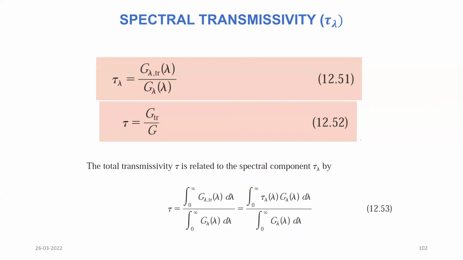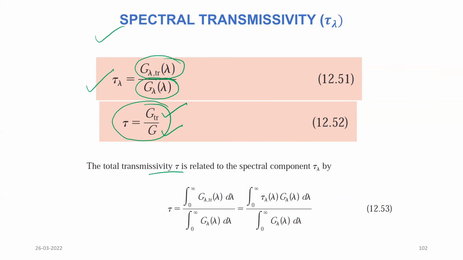Now we talk about the spectral transmissivity. Spectral transmissivity is given by G lambda transmitted divided by G lambda, which is falling on the surface, and the total hemispherical transmissivity is G transmitted, the irradiation transmitted, divided by the radiation falling on the surface.